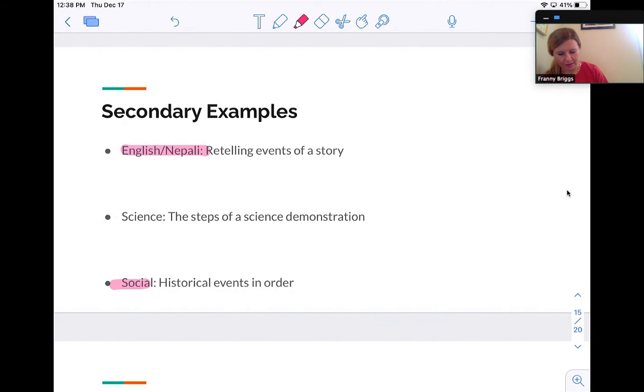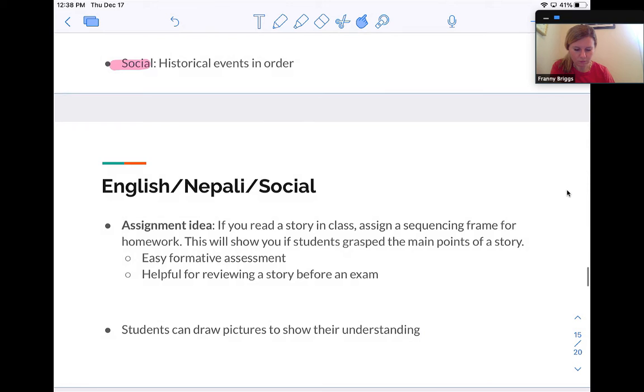In science, you also talk a lot about processes and doing demonstrations or doing experiments, things where you have clear steps happening in order. So that's another really good way to use a sequencing frame.